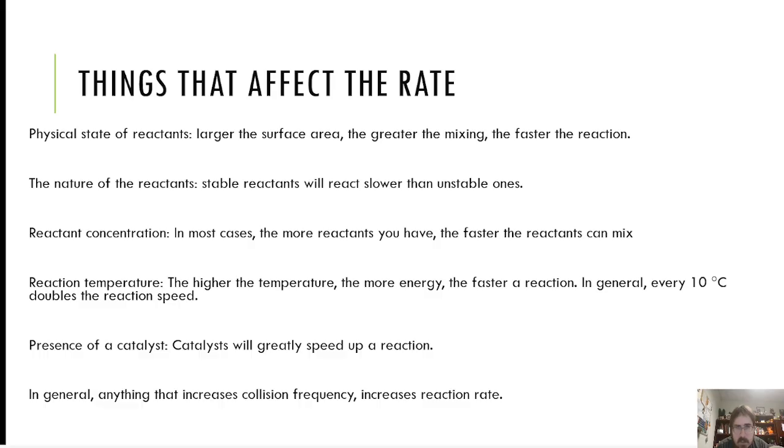All reactions in all states require atoms to collide. Gases are the easiest to react because they're constantly mixed and bouncing around on each other. Liquids, if you have a solution, can react very quickly because they're pretty well mixed.